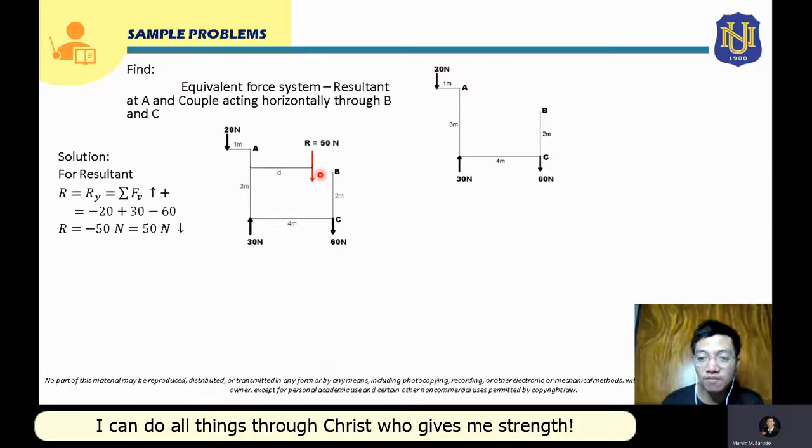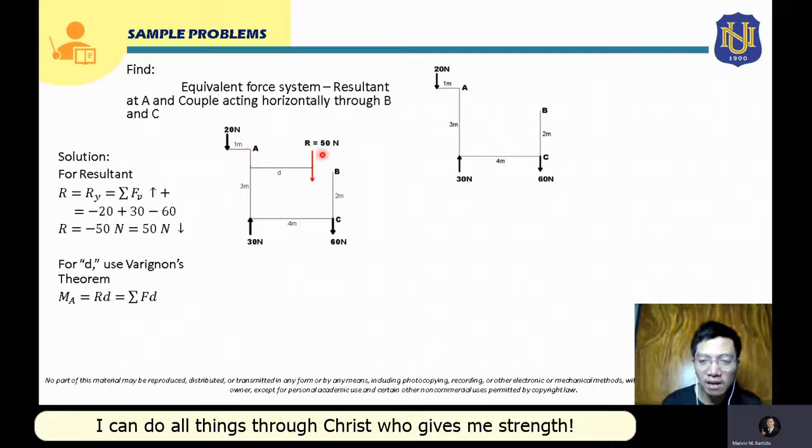We can solve this using Varignon's theorem. Applying Varignon's theorem, we can sum up moments at point A. The moment at A will be equivalent to the moment of this resultant about point A, and it will also be equivalent to the moment of these component forces about point A. So let's start solving this.